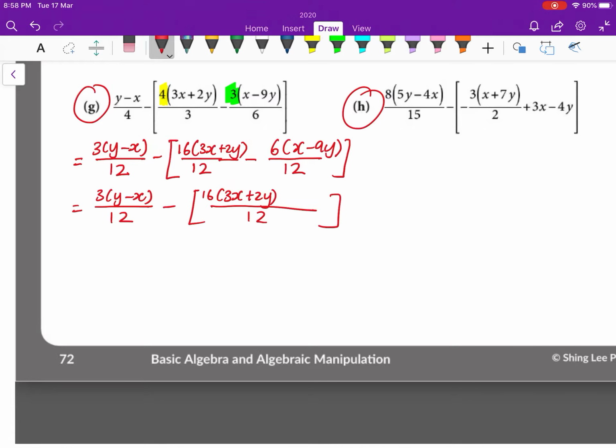To y. Then let me combine the denominator here. x minus 9y. Okay, so once we are done, we are ready to open the bracket.